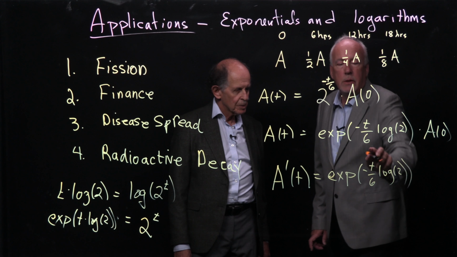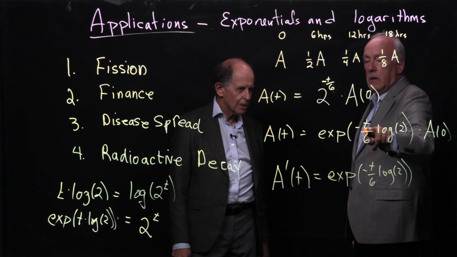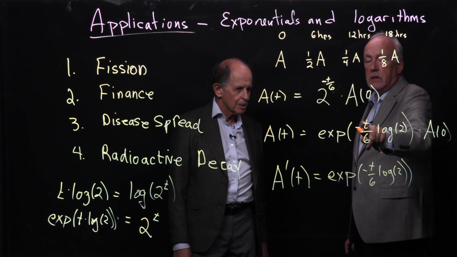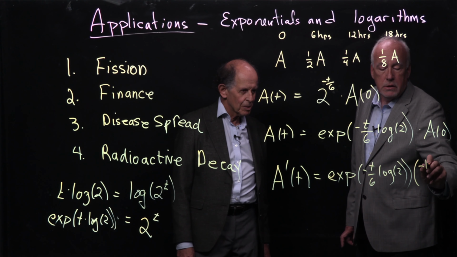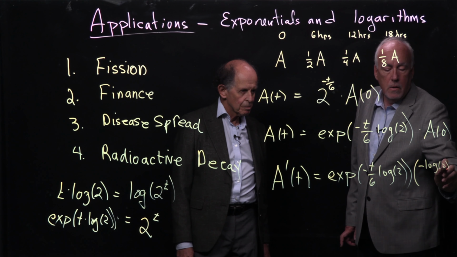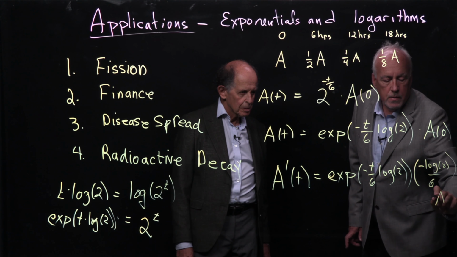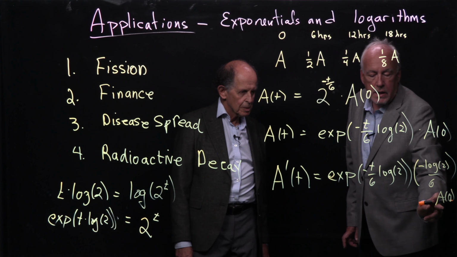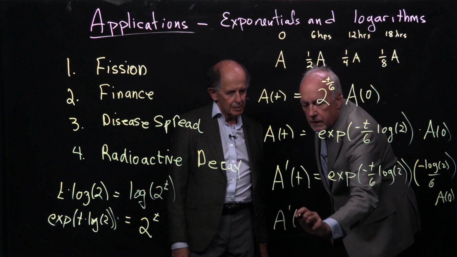Then it's multiplied by, okay, if this was just T, this derivative would be 1. Instead, it's T multiplied by this constant, it's minus the 6 times log 2. Minus 6 log 2. So I get minus log 2 over 6, all times this a0. And what we notice is a0 times the exponential is the original thing, so I get this nice little formula.